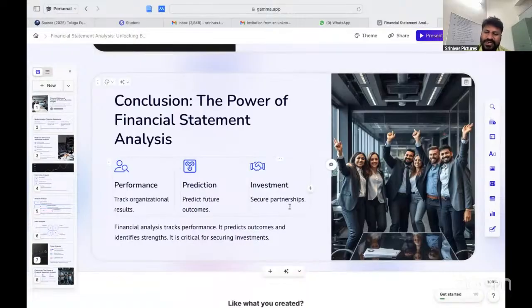These financial statements are useful for the management, investors and outsiders. So how is it useful for the investors, how is it useful for the creditors, how is it useful for the management? Investors: in a company, we mobilize the funds from the investors only. So before taking the investment decisions, every investor needs to understand the company position.